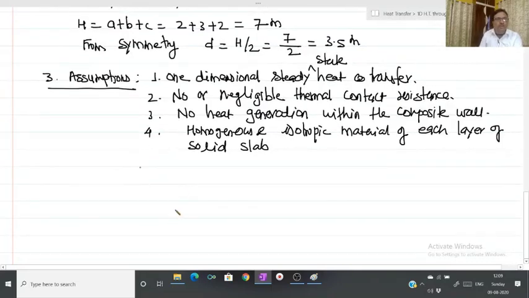In a similar tune, we can also assume constant properties of the fluid.